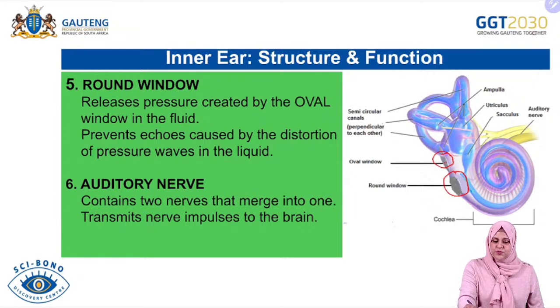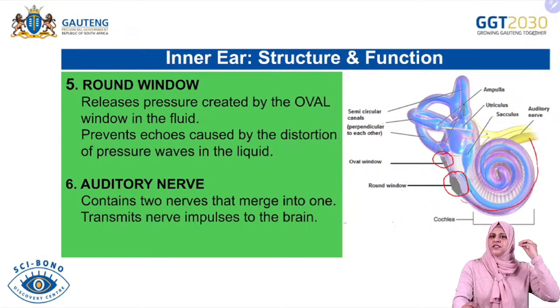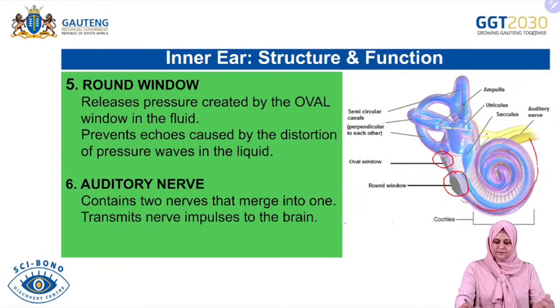This releases pressure created by the oval window in the fluid, and it prevents echoes by the distortion of pressure waves in the liquid. So there are pressure waves created in the cochlea, and the round window absorbs that and prevents echoes. So you hear a clear crystal voice. You don't hear an echo when you are listening to something.